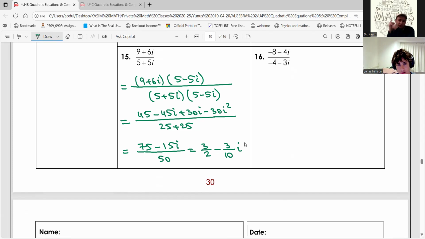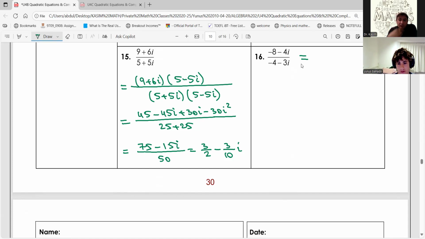Question 16. First, look at the question before you start. Can you tell me what you will do in the first step? I'm going to multiply the top by... it should be negative 4 plus 3i. So first, multiply top and bottom by negative 1.